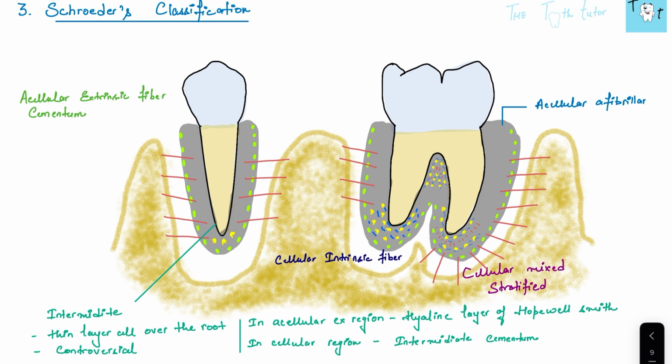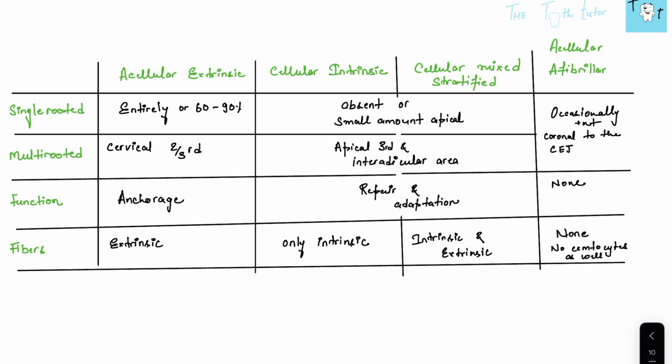So talking about our first category, that is acellular extrinsic fiber cementum over here. I made this table for you to simplify all the features you need to remember. In single rooted tooth, they mostly comprise 60 to 90% of the entire cementum.